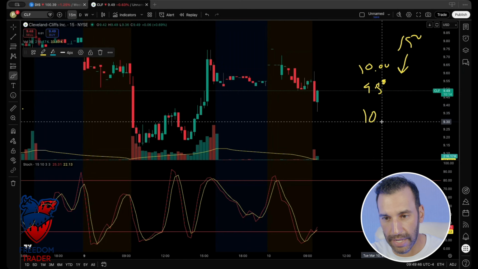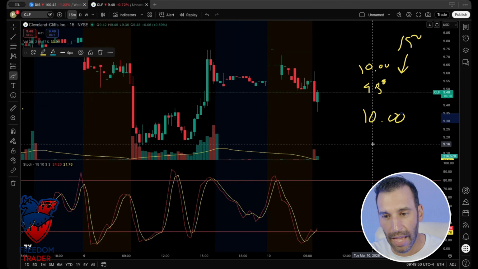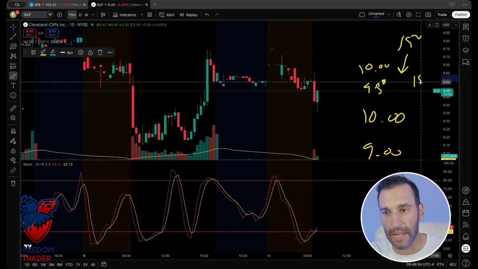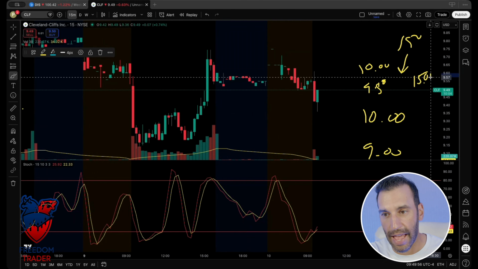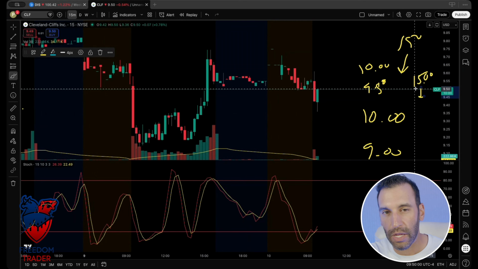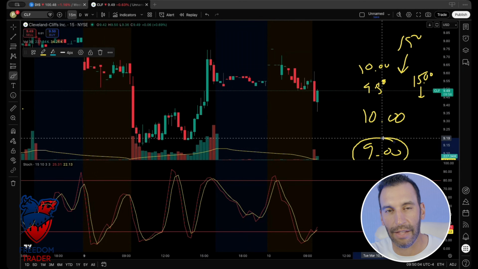If you wanted to, you could just say, okay, I'm going to enter the trade at $10, and I'm going to put my stop loss at $9 a share. This thing could go to 15, and nothing's going to happen if it pulls back, say, 5% from 15. The only way this stock is going to exit is if it touches $9 a share.